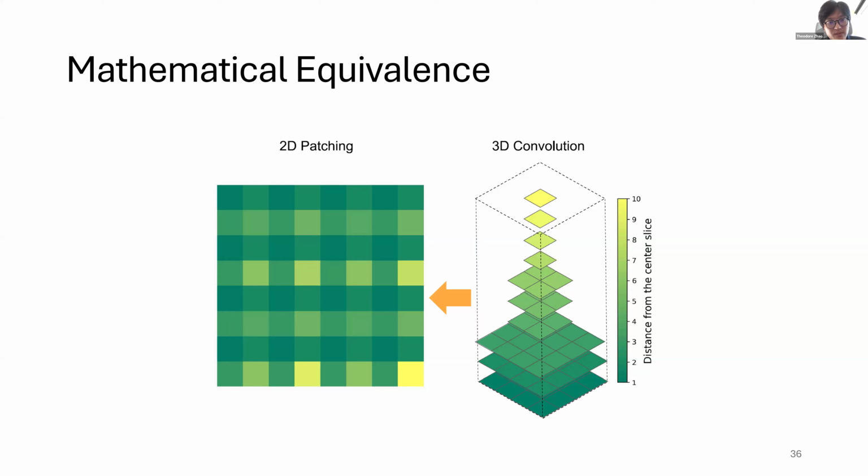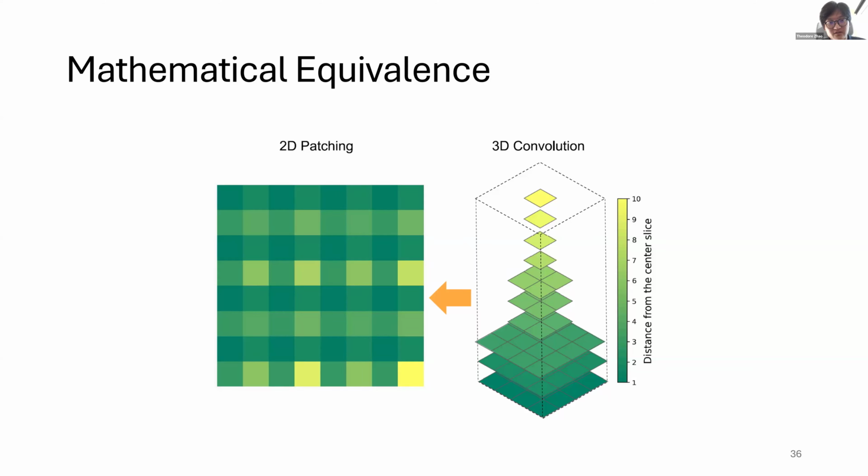In many of the modern vision model architectures, the first layer of the model is always doing disjoint patching. For example, in a ViT, the ViT splits the image into patches of 16 by 16 or 14 by 14, or sometimes smaller, but it's always a fixed number of patches dividing the image.